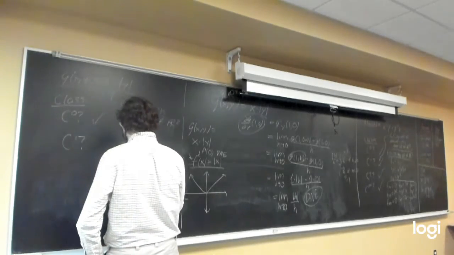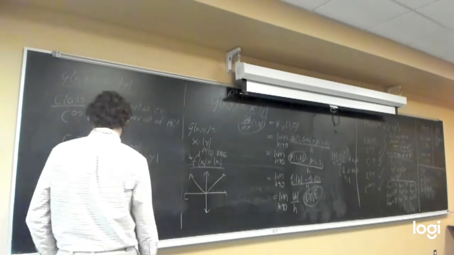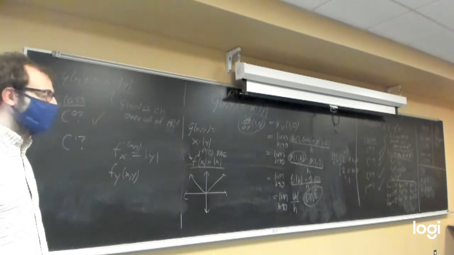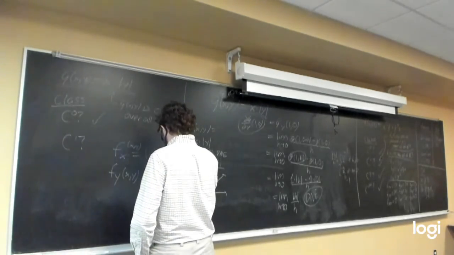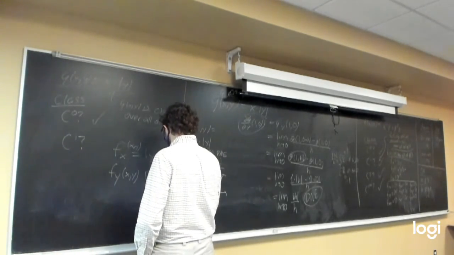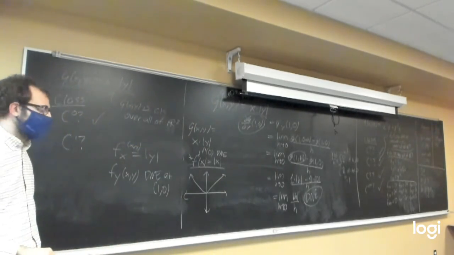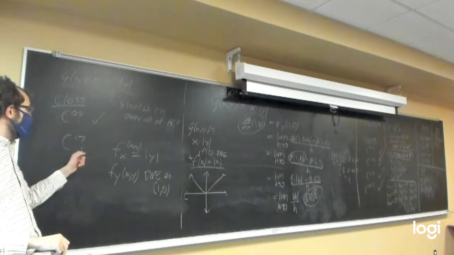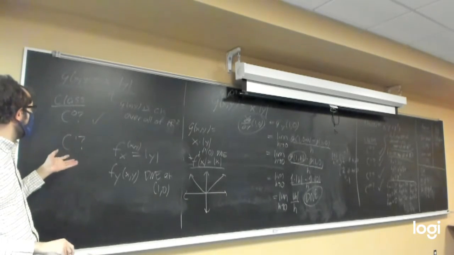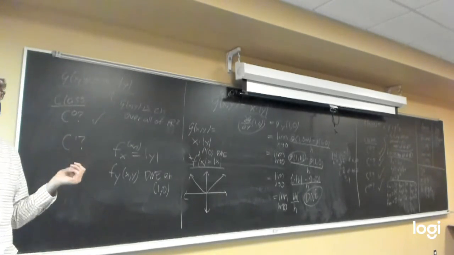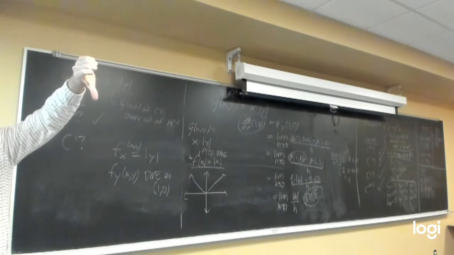But f sub y, the first order partial derivative of f with respect to y, does not exist at the point 1 comma 0. And so let's go back and ask the question one more time. Is g of x, y going to be C1 or not C1?